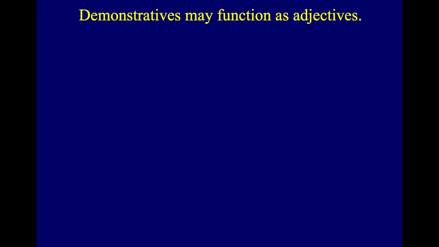Demonstratives are often categorized as their own thing, but really they're adjectives, and they may function sometimes purely as adjectives. They may function much like the word green or tall or fast. So here we can see ha-ish, ha-tov. Now the words ish and tov should be familiar to you just from our last video.